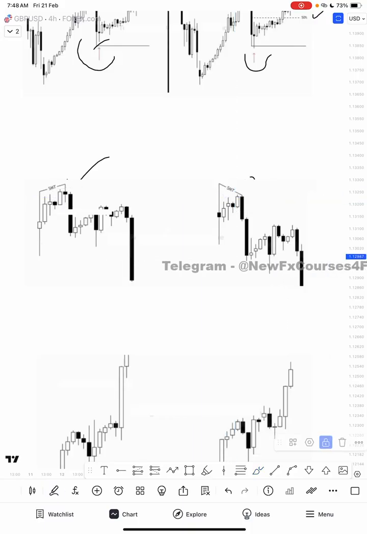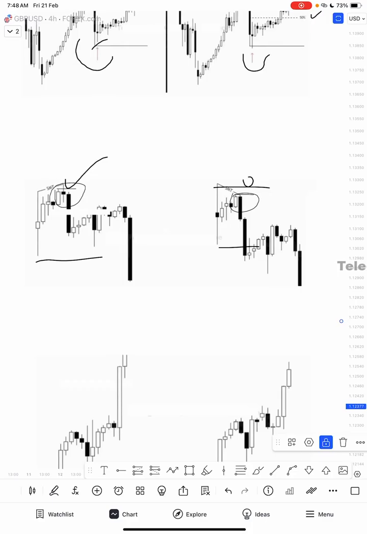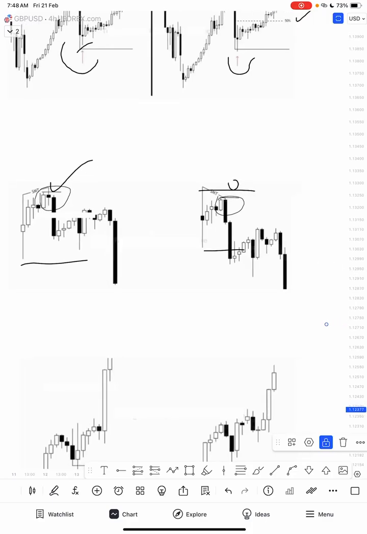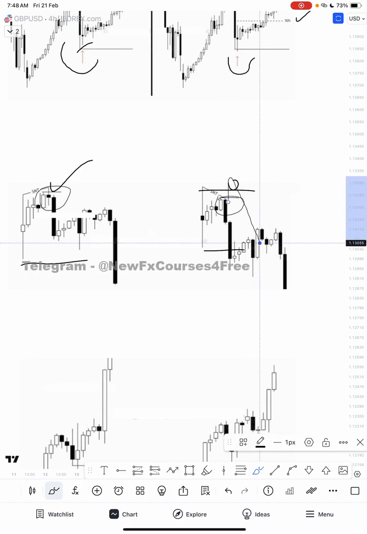So when trading SMTs, you want to actually trade the weaker asset or the stronger asset. So which is the weaker asset? The one which actually fails to make a higher high on a bullish and on a bearish scenario. Like you can see here, this actually failed to make a higher high.